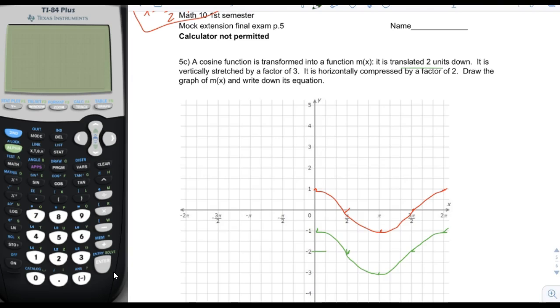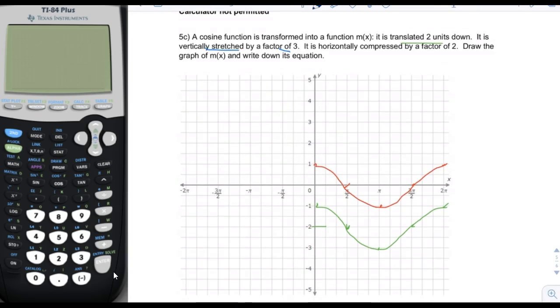Then we are going to vertically stretch it by a factor of 3. When we do that, we're going to go from +1 down to -5. Okay, it's going to look like that blue one there. Then we're going to horizontally compress it by a factor of 2.